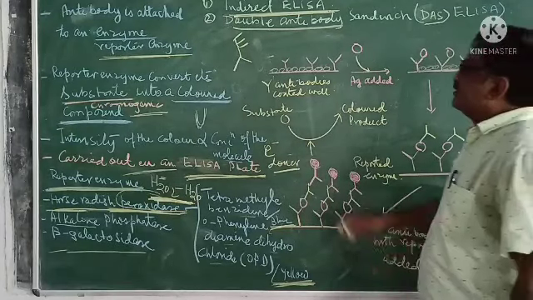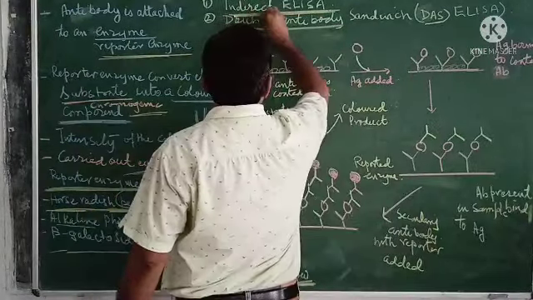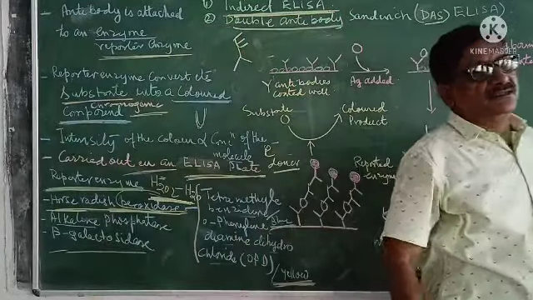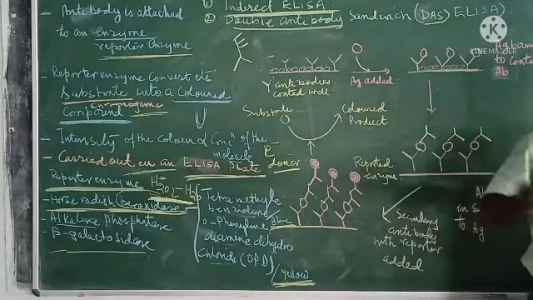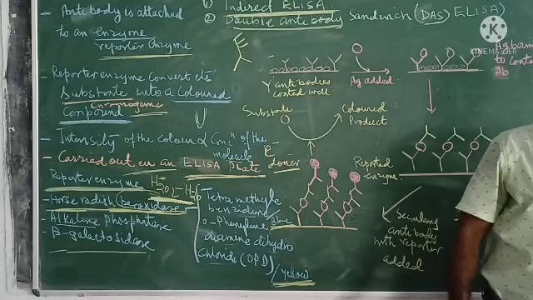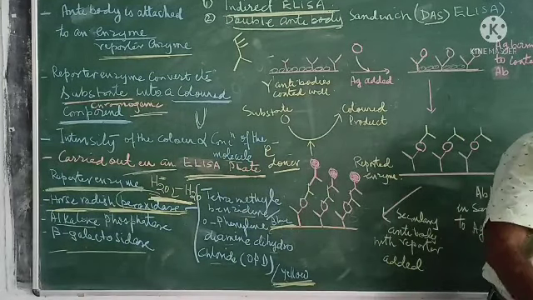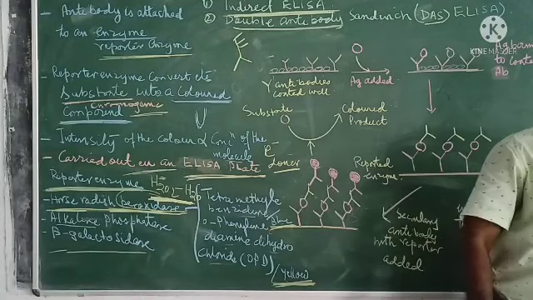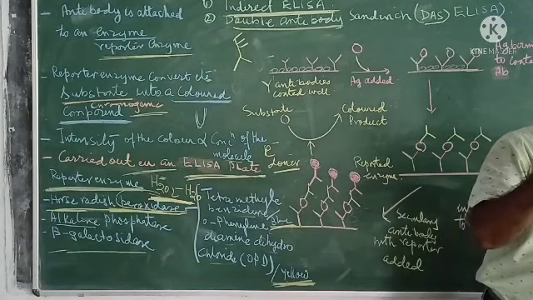It is called indirect ELISA because by this method one can detect or diagnose the presence of an antigen by diagnosing the presence of antibodies in the blood formed in response to the presence of that antigen.